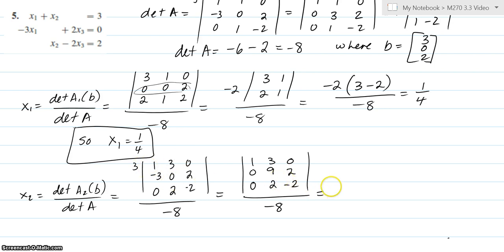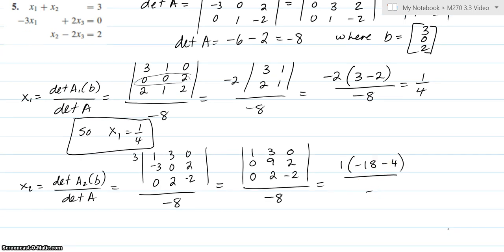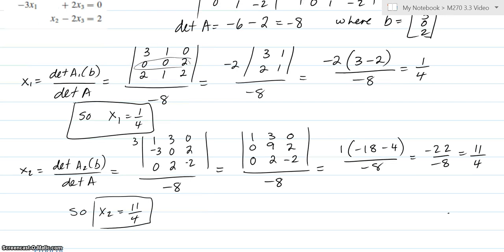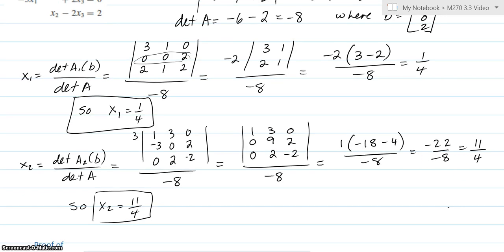And if we then use row operations, it doesn't change the determinant. So the answer is going to be 1 times negative 18 minus 4, which is negative 22 over negative 8, or 11 over 4.